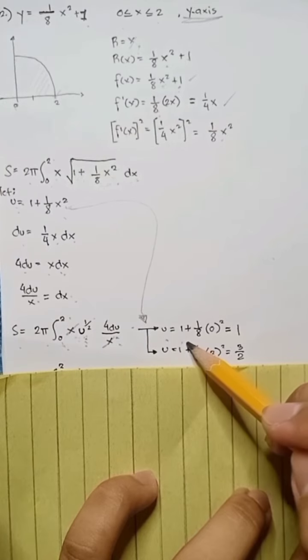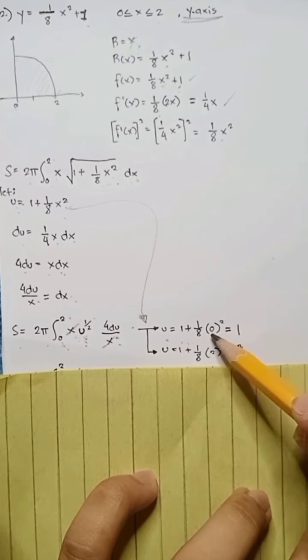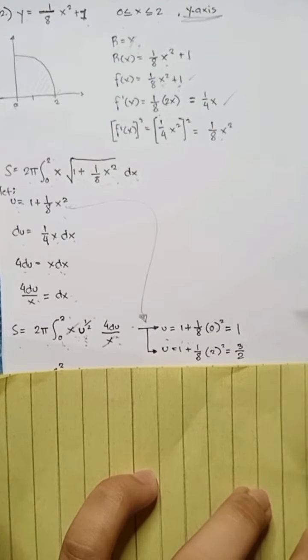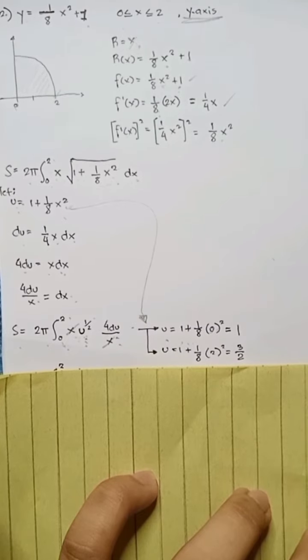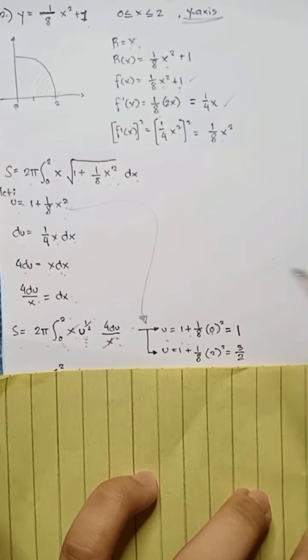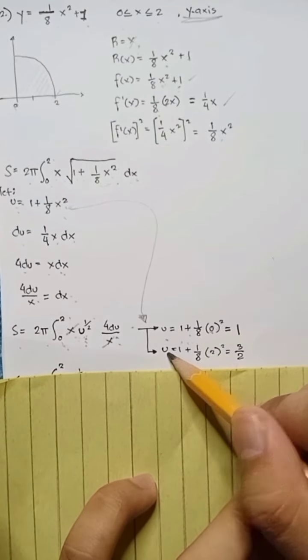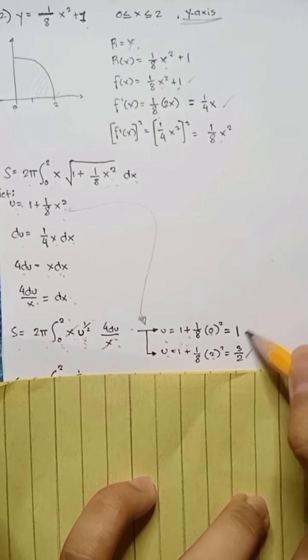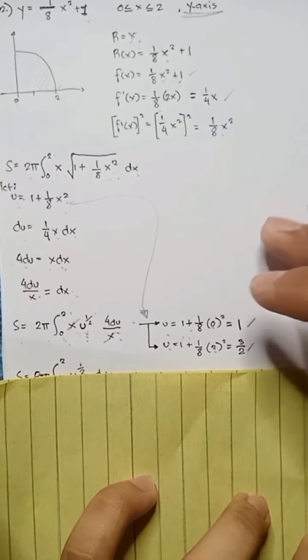U is equals to 1 plus 1/8 x natin naging 0 raised to 2. Anything that 0 raised to number is equals to 0, then may plus 1 siya. So, kaya naging 1. Then, next naman is, sinubstitute natin yung value ng 2 sa x. Ang nangyari is 3/2. So, 1 at 3/2 ang nakuha natin value doon.